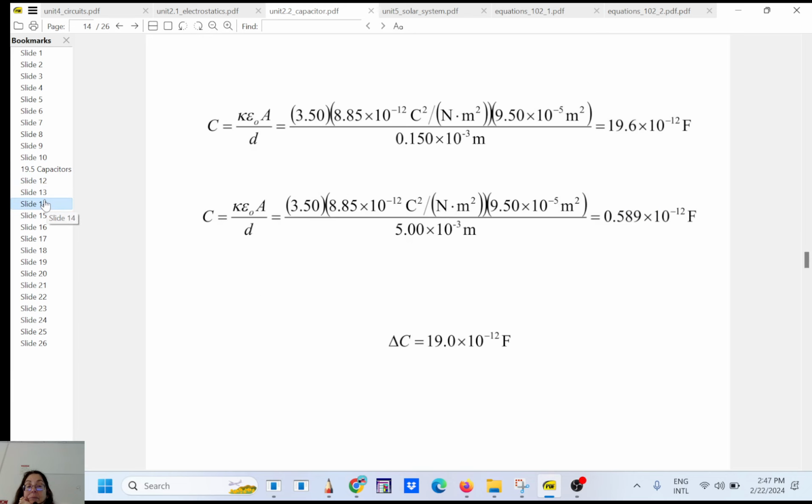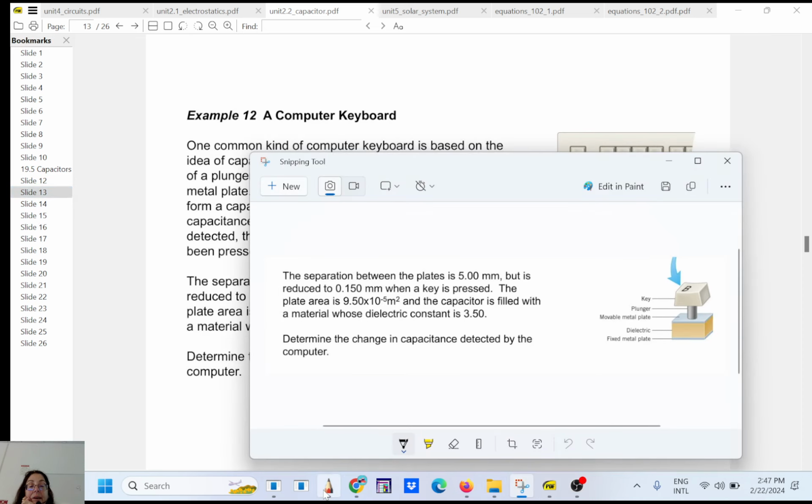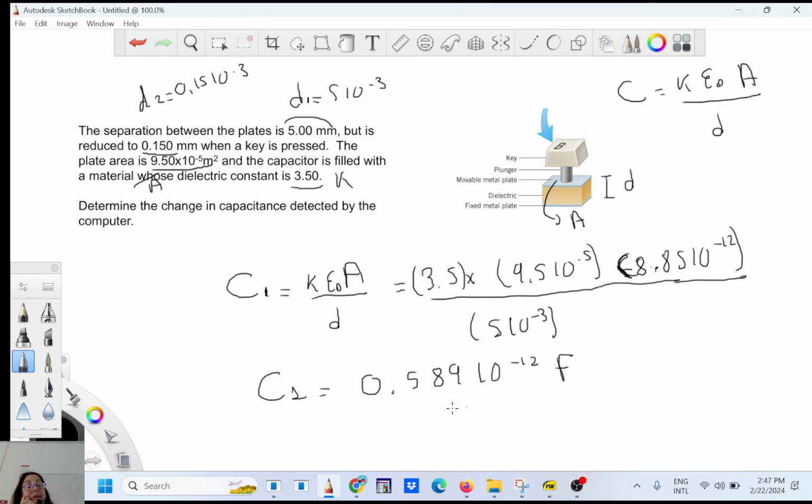Let's see. Is that, or did I make a mistake? So you can say it's 5.89 times 10 to the negative 13. It's the same thing.